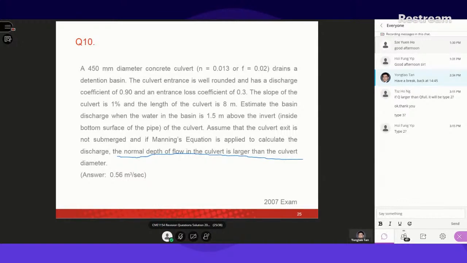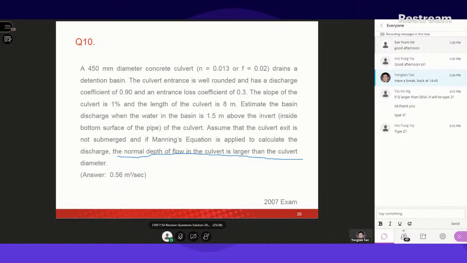The H is the depth of water in the basin, and D is the diameter of the culvert. If H over D is larger than 1.2, the entrance is submerged. Next you need to check the exit. If the exit is submerged, it is type 1. If the exit is not submerged, you need to check whether it is type 2 or type 3.